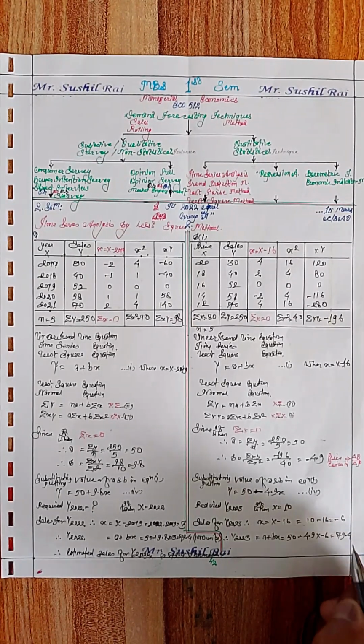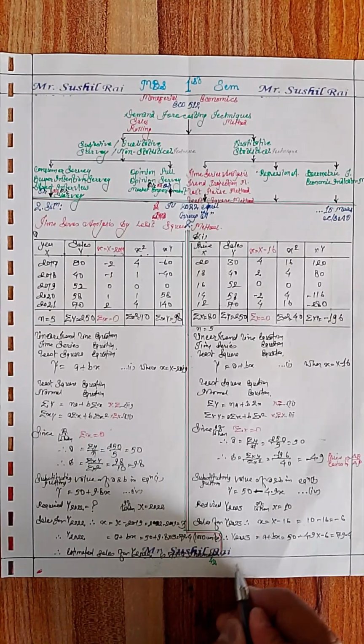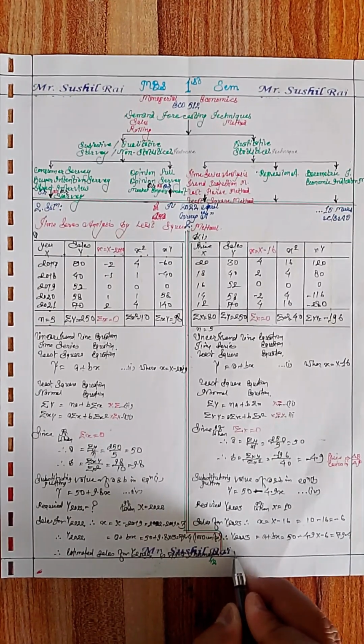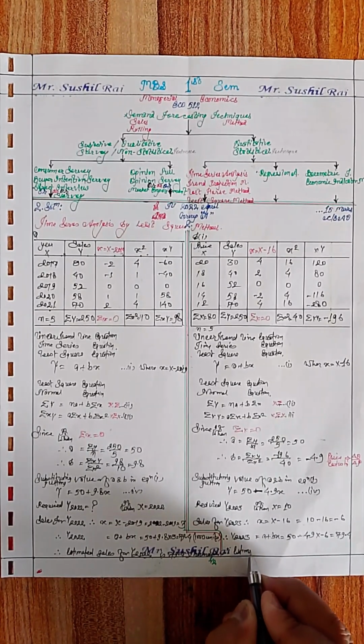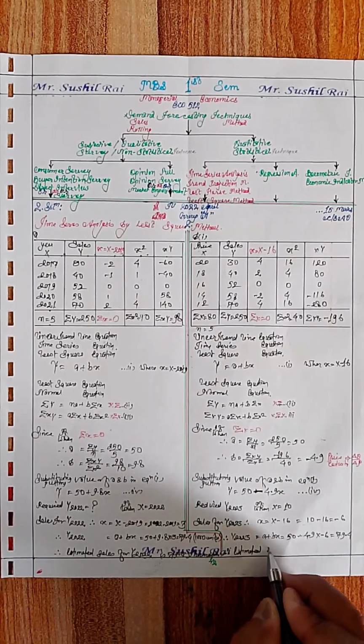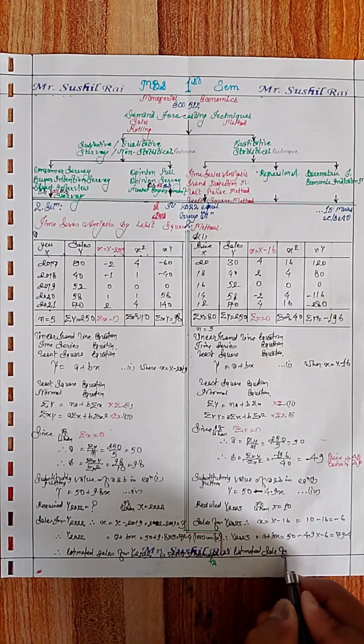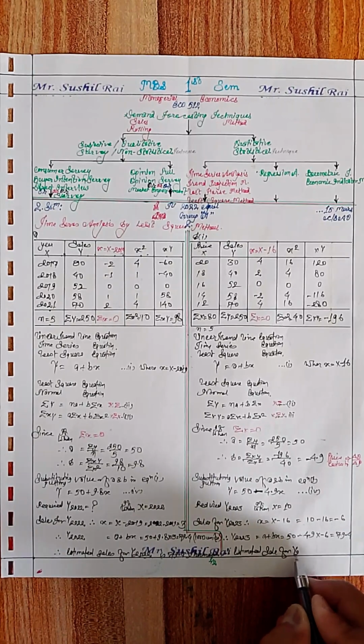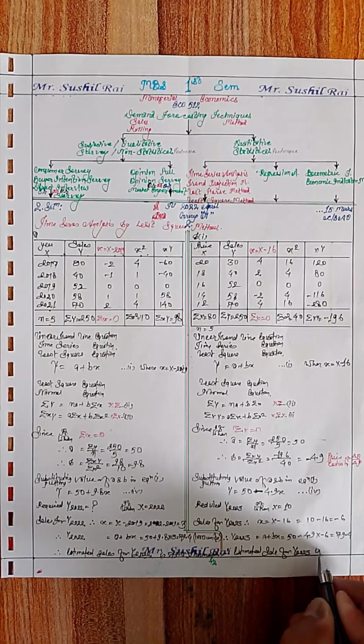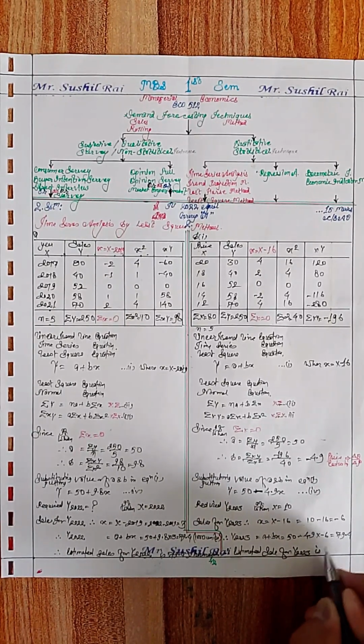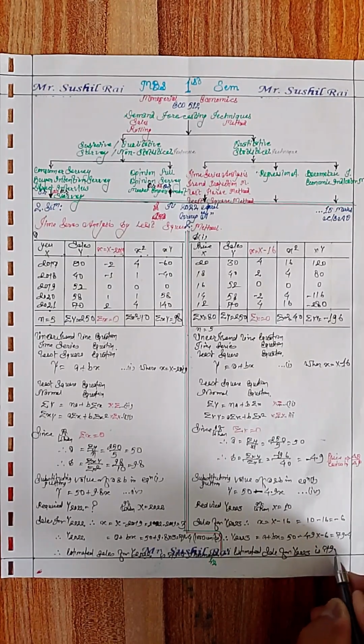Therefore, the estimated sales for the year 2023 is 79.4 thousand.